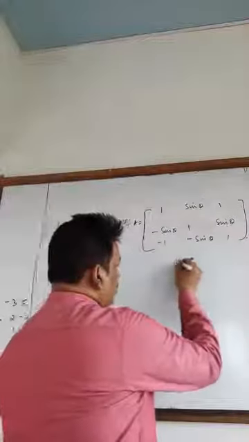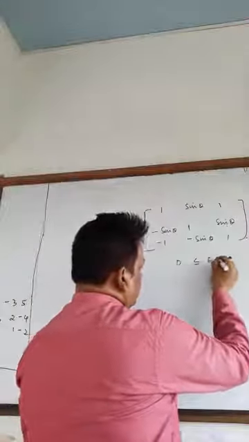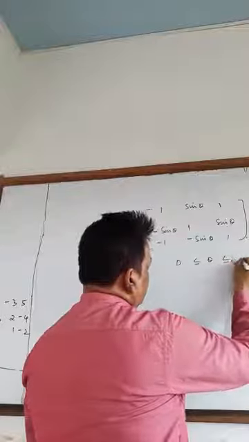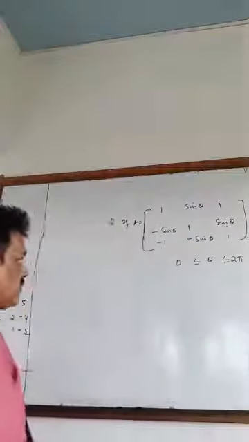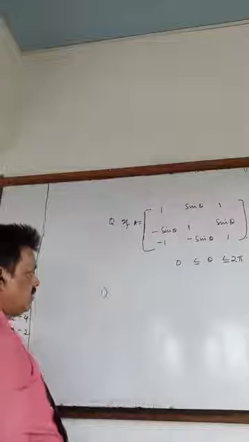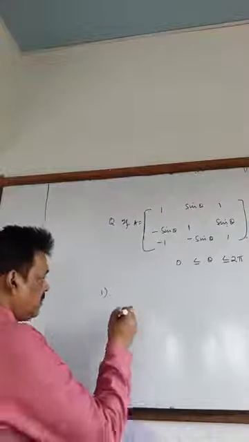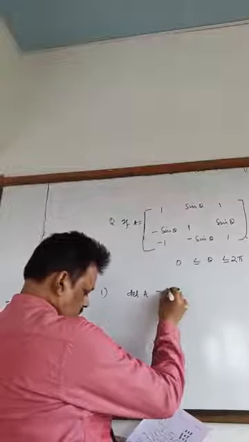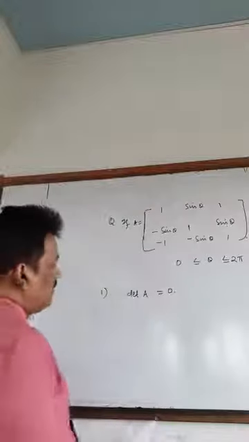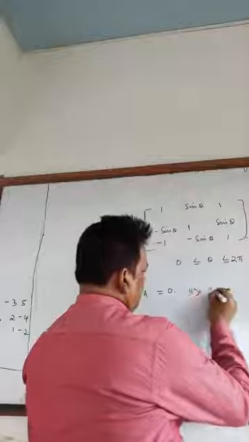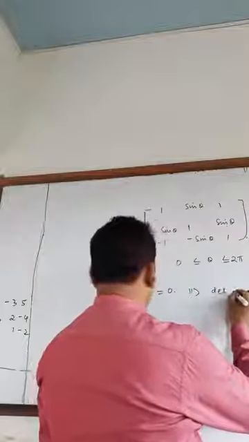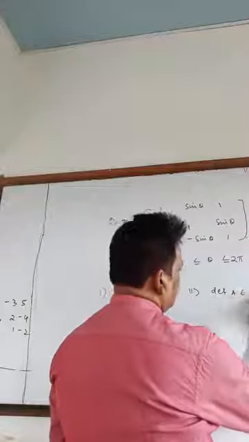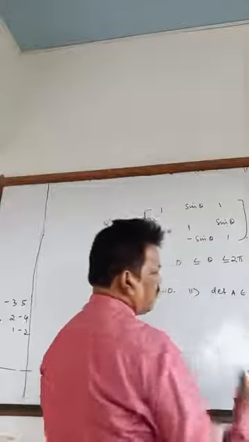And where theta lies between 0 and 2 pi, then we have 4 options. What are those options? First, the determinant of A equals to 0. Second option given, the determinant of A belongs to open interval 2, 4.